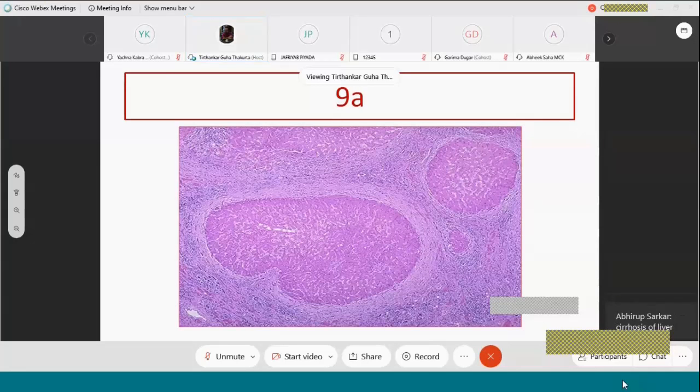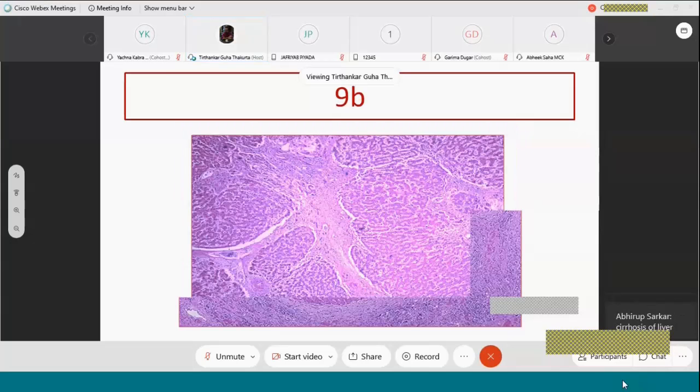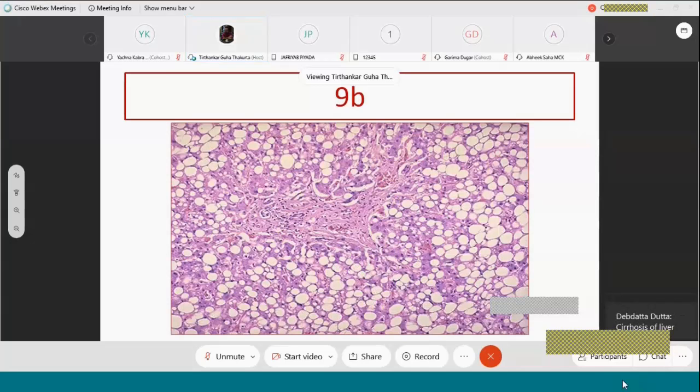What is the diagnosis here? This is fatty liver.